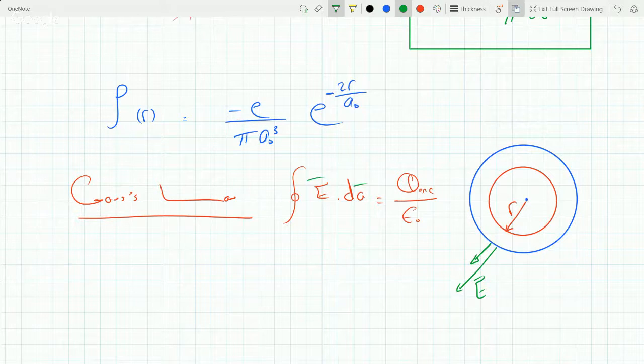The angle between these two is 0, so E dA becomes EA cosine 0, and cosine 0 is 1, so we get E dA.